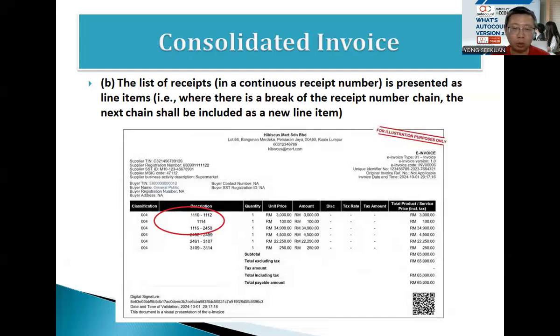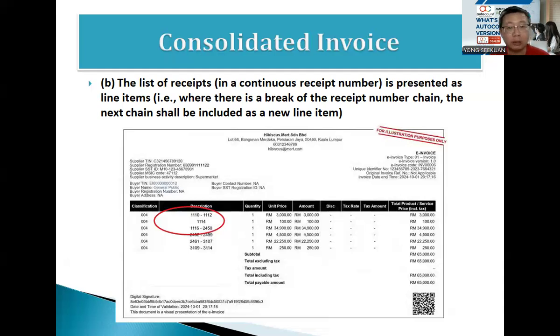After I submit to Aeon, Aeon will submit this information, this receipt, to the LHDN to validate for invoice, so it becomes the standard invoice. So that's why this 1113 cannot be consolidated already.